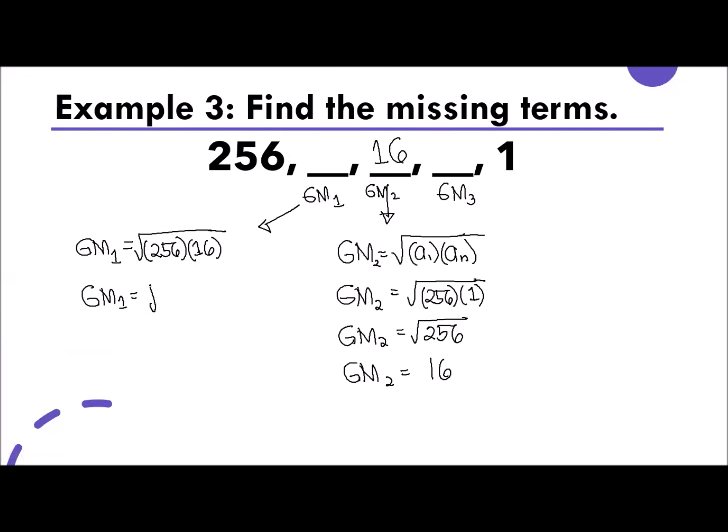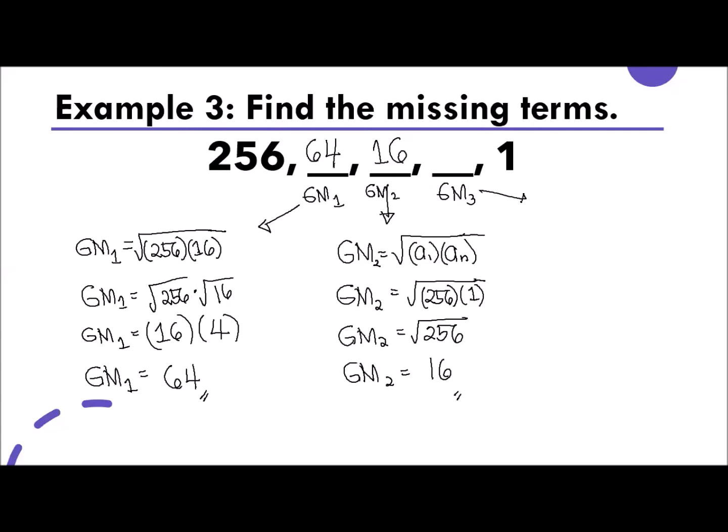So, we could have here the square root of 256 times the square root of 16. So, you will have the square root of 256 is 16. And the square root of 16 is 4. Diba? Mas madaling masimplify. So, what is now 16 times 4? So, that is 64. Okay?